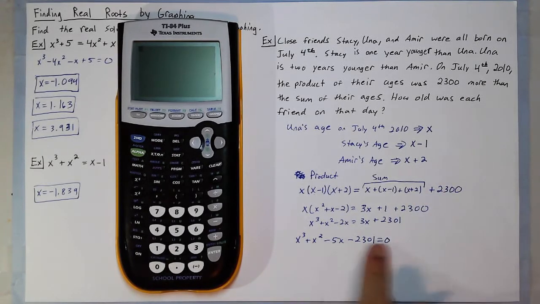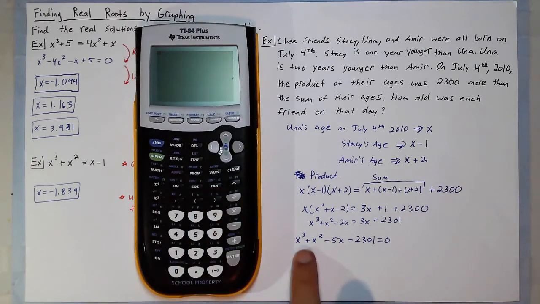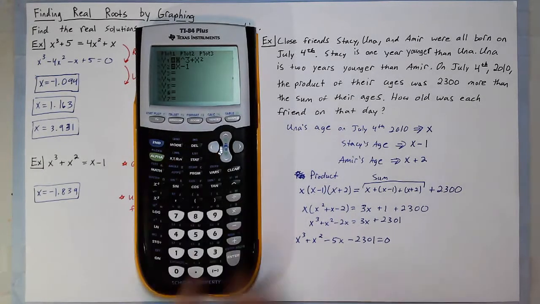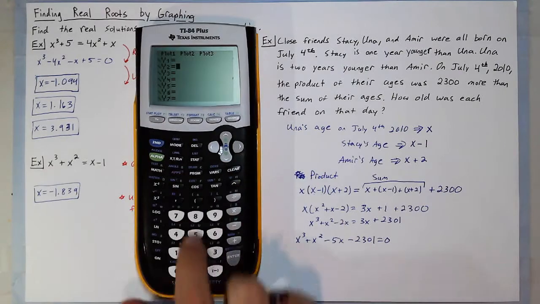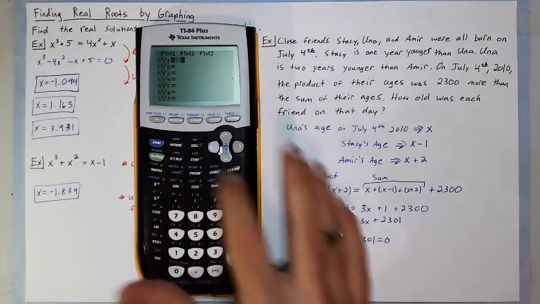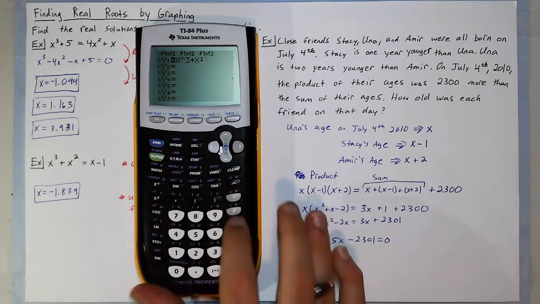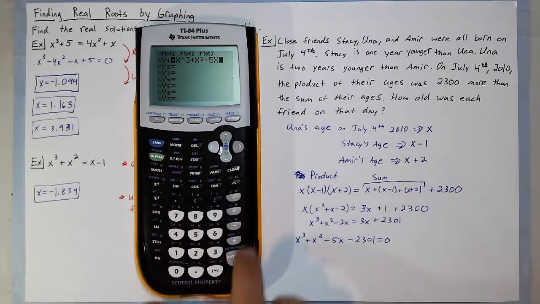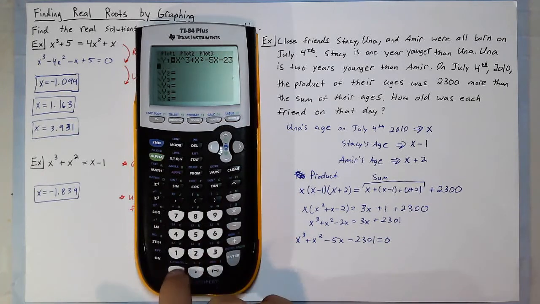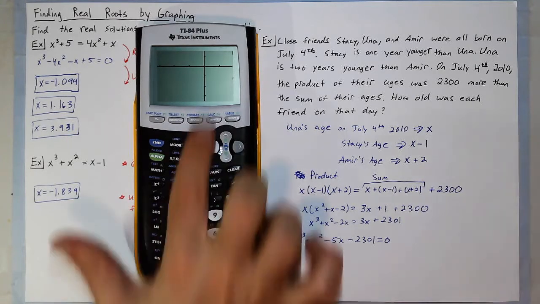So I don't know how to factor this, so I will use my graphing calculator to graph x cubed plus x squared minus 5x minus 2,301. Now when I go to graph, I don't have a very good window.